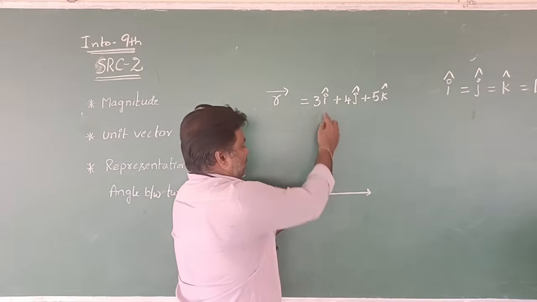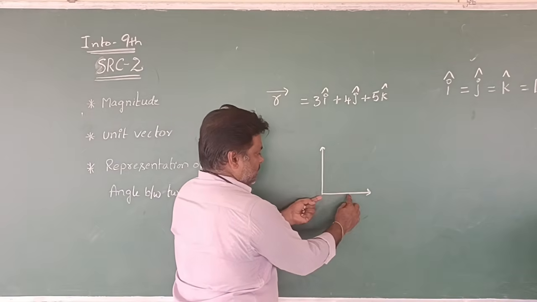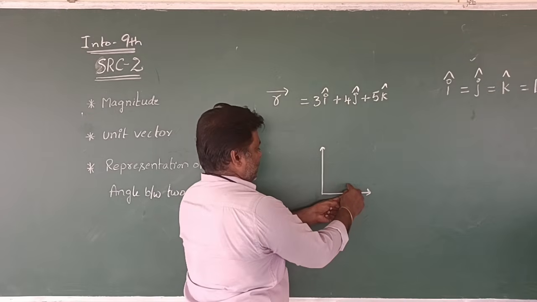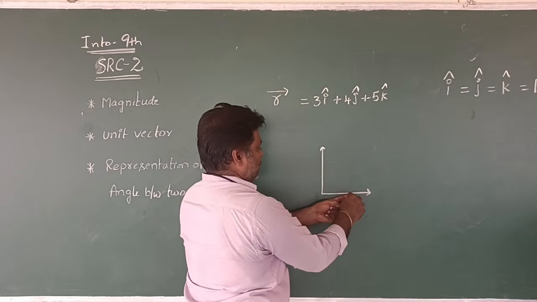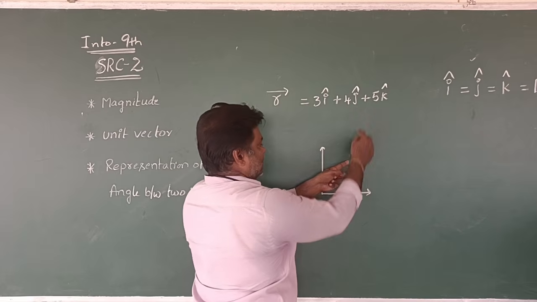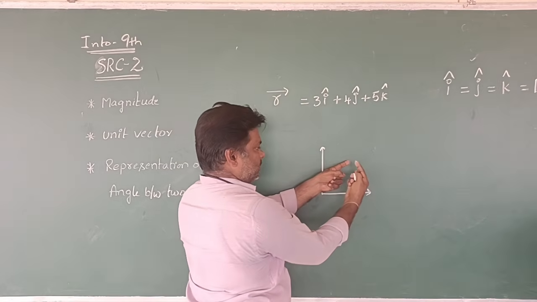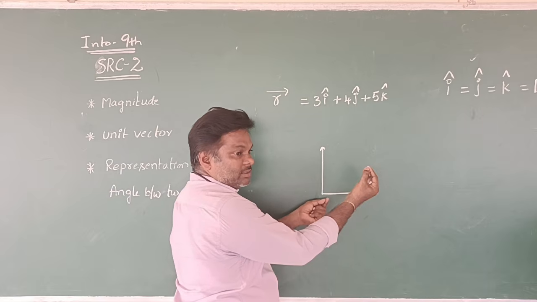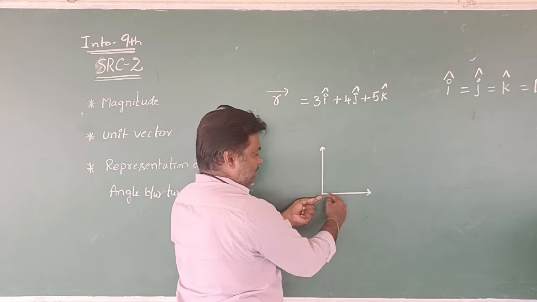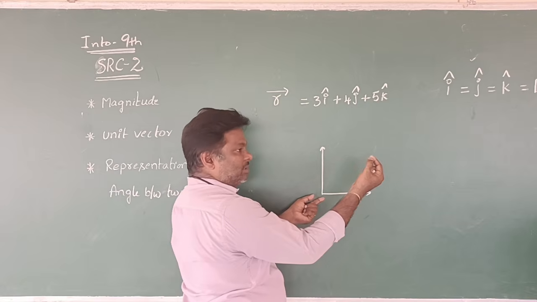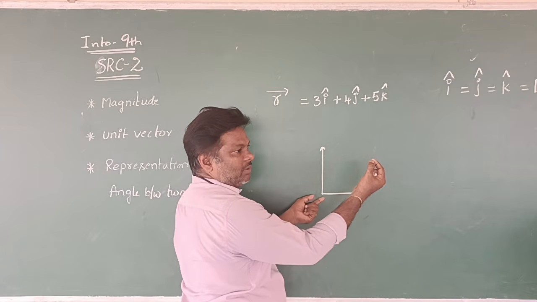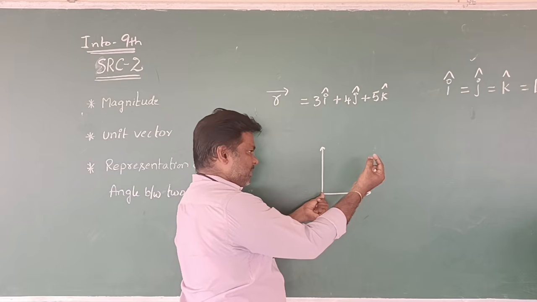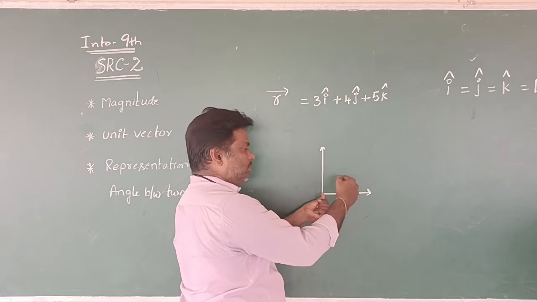Now 3 units along the x-axis: 1, 2, 3, and you are here. 4 units along the y-axis: 1, 2, 3, 4, now you are here. 5 units along the z-axis: 1, 2, 3, 4, 5, and now you are located here in 3 dimensions, the 3D view. And what is magnitude? The length from the origin to this point.